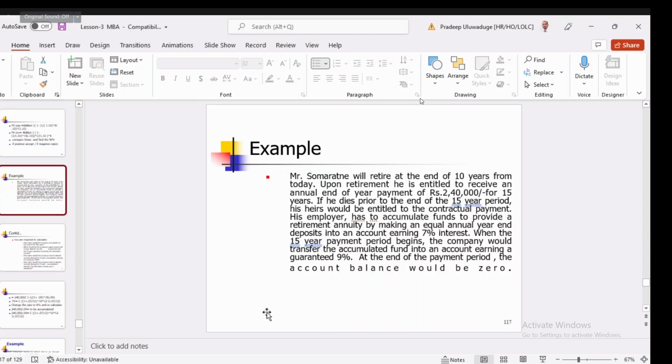When the 15-year payment period begins, the company would transfer the accumulated fund into an account earning a guaranteed 9%. At the end of the payment period, the account balance would be zero.